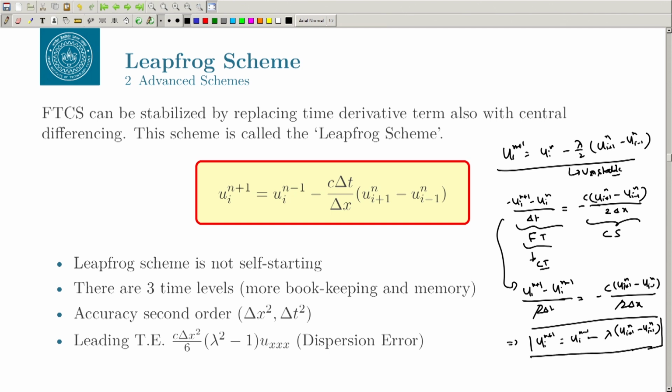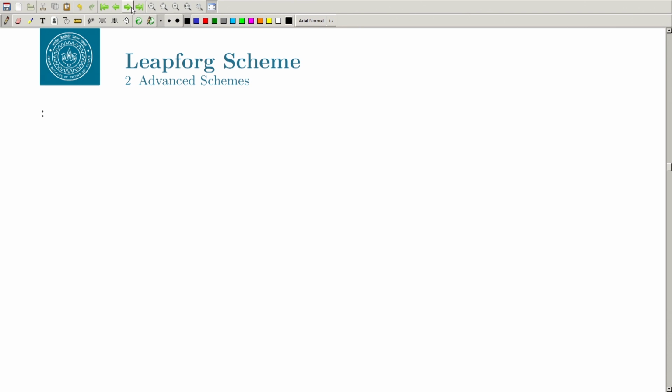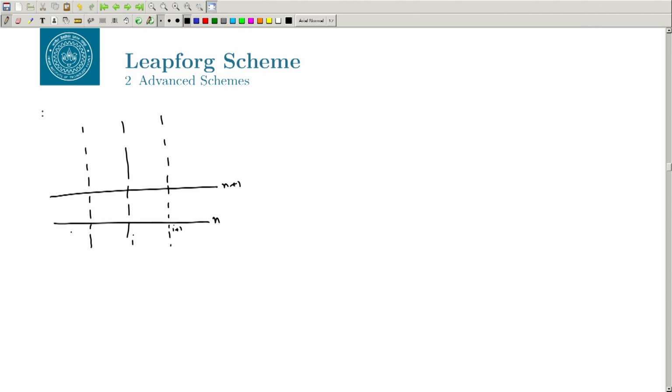Okay. So, why do we call it the leapfrogging scheme? Look at the stencil of this scheme. This is my n and this is my n plus 1. This is my line i, this is i plus 1, and this is i minus 1.